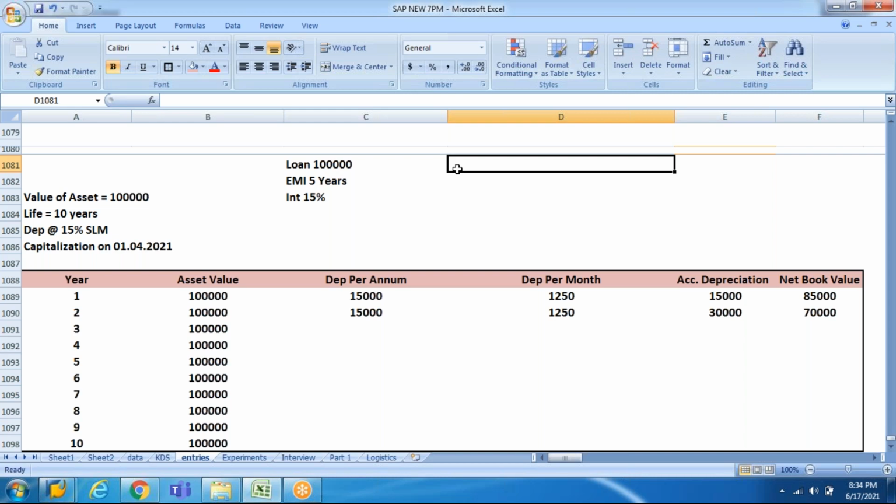So second year, when you are paying your interest and your principal amount, it should be accumulated, correct? Whatever the interest that you paid previous year and whatever the interest you are paying the current year, these two should be deducted from your total loan. Otherwise, your loan will never get cleared, right?